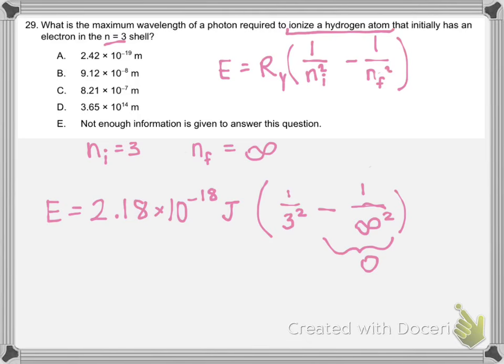And we can see that this energy is 2.42 times 10 to the negative 19th joules. So that's how much energy we would have to put in to move one photon from the third shell out of the atom.